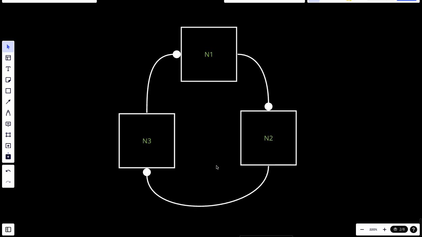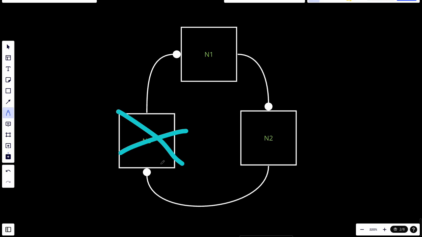As you can see here, when N3 goes off and cannot communicate with N1 and N2, if clients write data to N1 or N2, data cannot be propagated to N3. And if data is written to N3 but not propagated to N1 and N2 yet, N1 and N2 would have stale data.